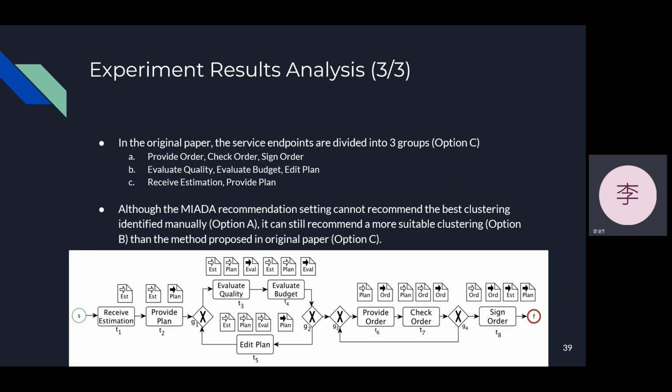Besides, it's more suitable to move the AD plan and the provide plan processes to form a new group, because these two processes both write the data object plan and then read the data object EST. Although the Miata recommendation setting cannot recommend the best clustering manually, it can still recommend a more suitable clustering than the method proposed in the original paper.